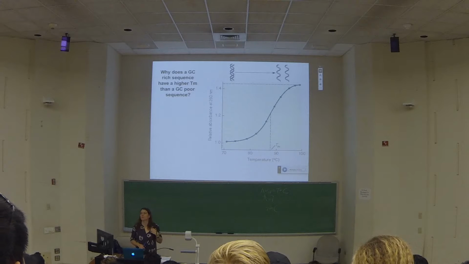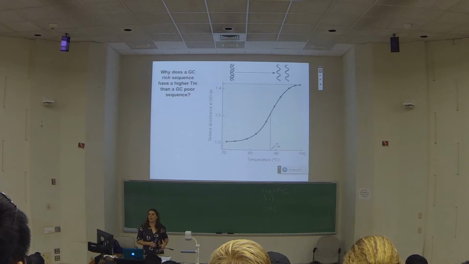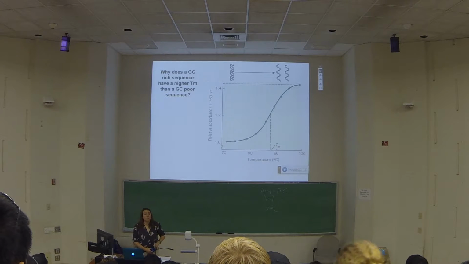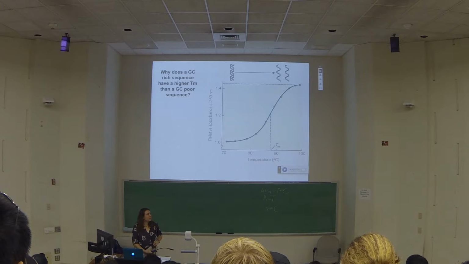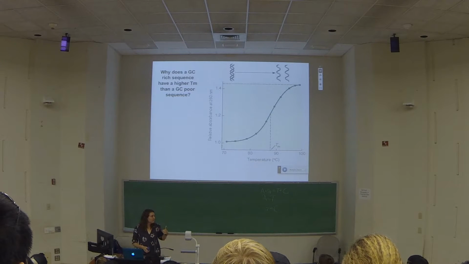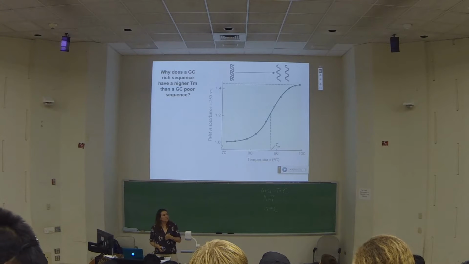GC has one more hydrogen bond than AT. So what does that have to do with the stability of a double strand? GC is more stable. It takes more energy to melt that structure apart. So if you have a genome that is high in GC content, it's going to have a higher melting temperature.